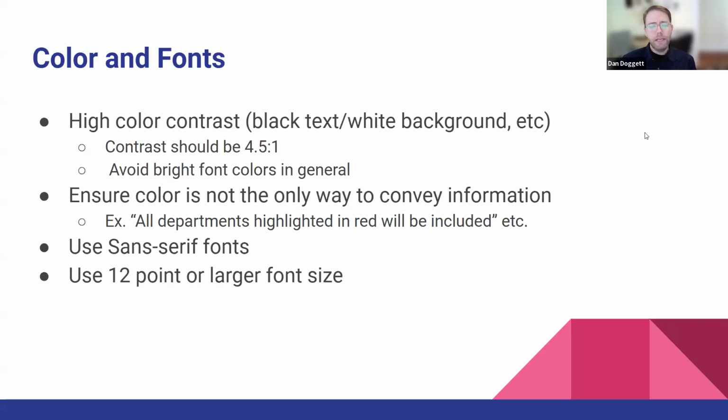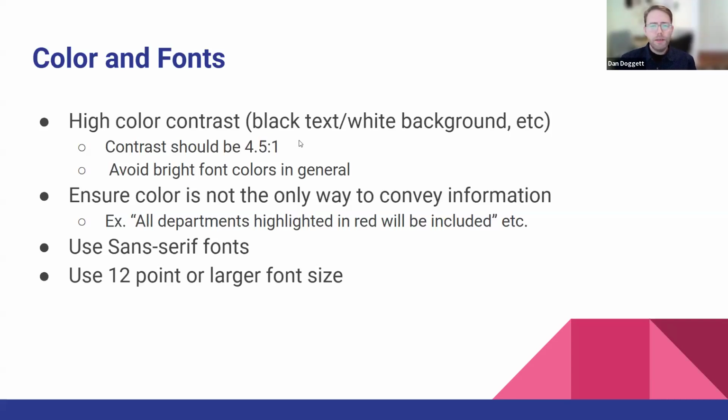Typically, the highest contrast would be black text with a white background. But we want to aim to be at about 4.5 to 1 as our ratio of text to background. And there's a couple of ways that we can go about this.